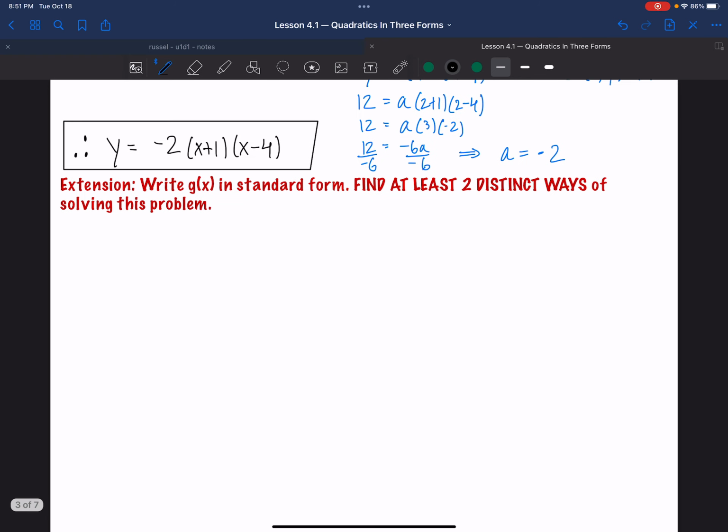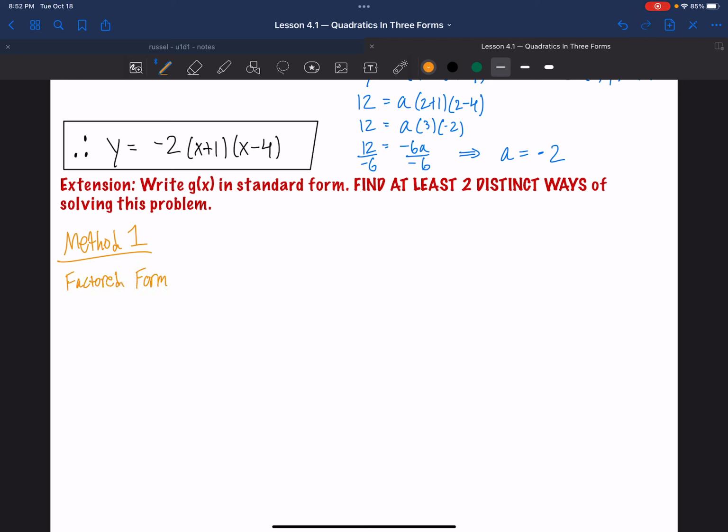The challenge I was giving you was to find at least two distinct ways of solving this problem. So I'm going to do two methods, in yellow. Method 1 is to take factored form.